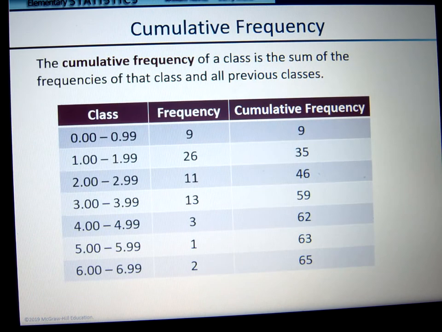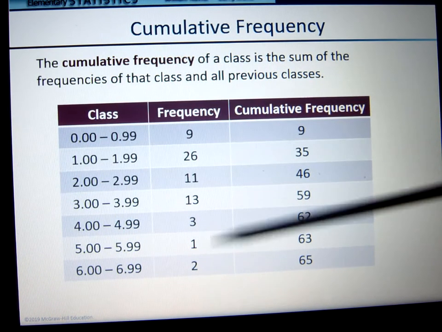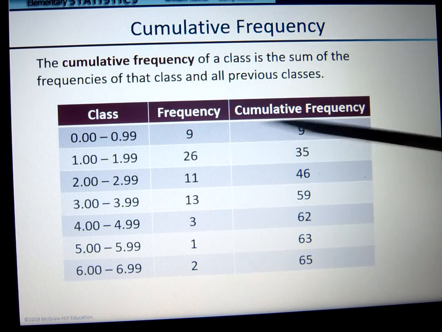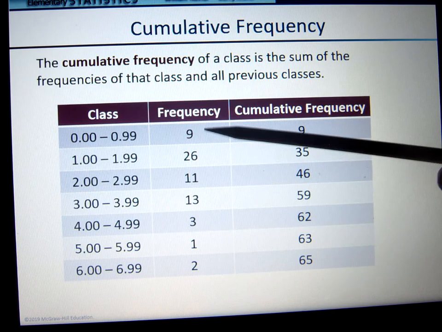Now cumulative frequency is another thing that might be asked for in the classes. It is the sum of the frequencies that adds all the previous classes. So here are your frequencies. Your cumulative frequency, this one would be 9 plus 26, you'll get 35.